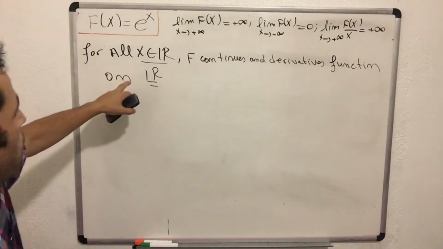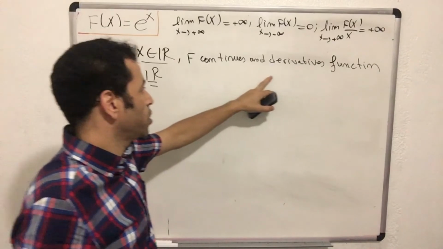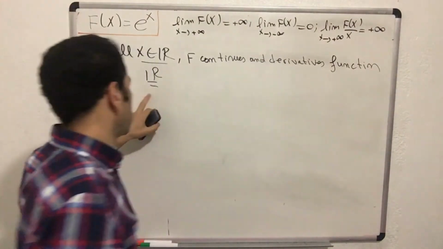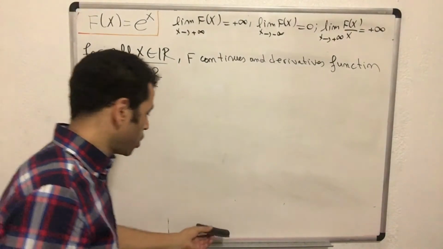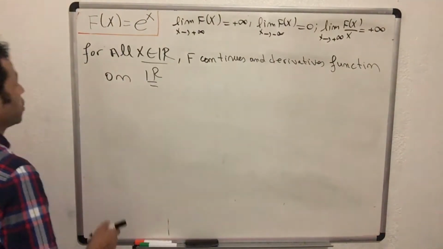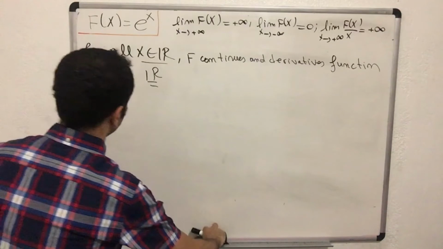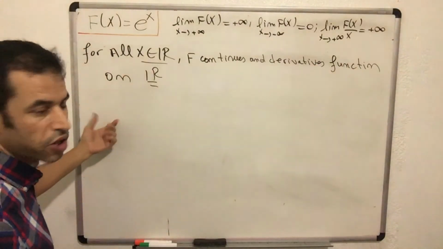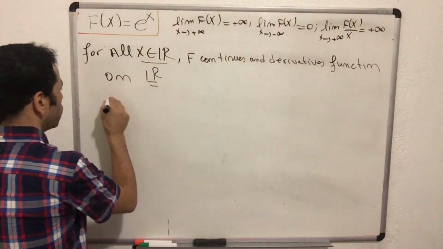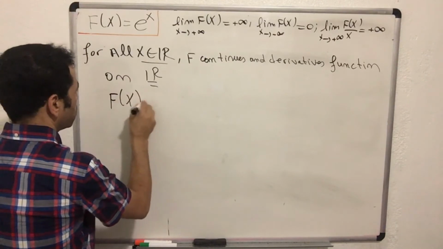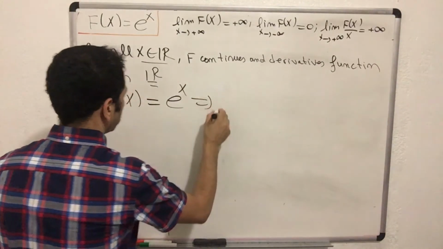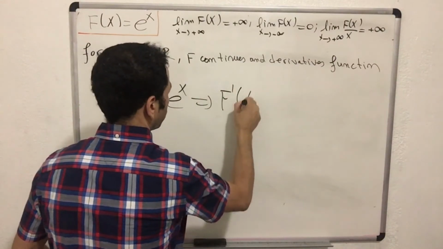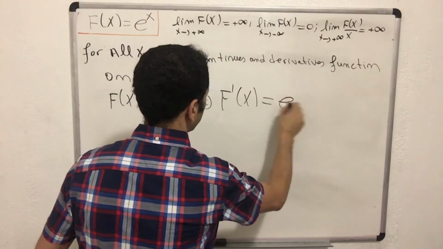Now for all x real numbers, f is continuous and differentiable on the real numbers. So now I'm calculating the derivative function. Let's move on to calculate the first derivative of this function. We have f of x equal to exponential x, so f prime of x equals exponential x.